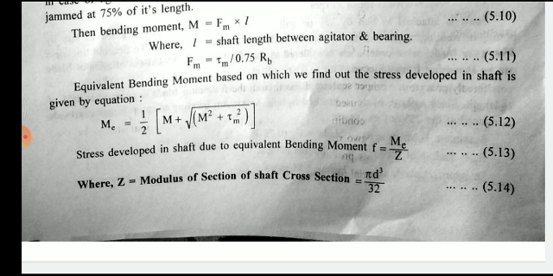Stress developed in shaft due to the equivalent bending moment, that is F is equal to Me by Z, where Z is the modulus of section of the shaft cross section, that is pi d cube by 32.